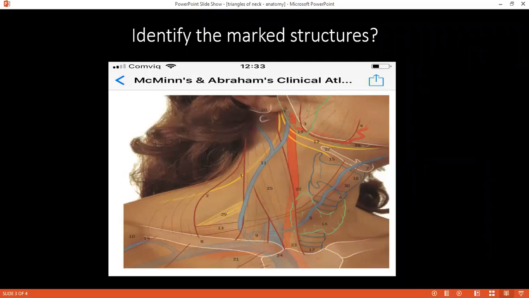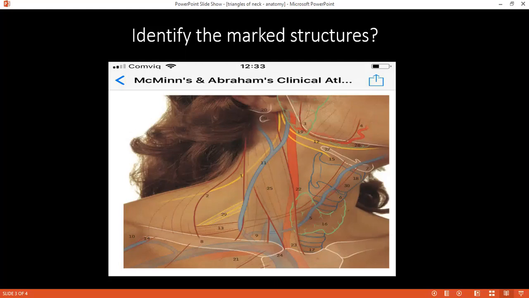Can you tell me how many strap muscles there are? There are four strap muscles: the omohyoid, sternohyoid, sternothyroid, and thyrohyoid. By which nerve? The omohyoid, sternohyoid, and sternothyroid are supplied by the ansa cervicalis from C1 to C3, except for thyrohyoid, which is supplied by the C1 spinal nerve.